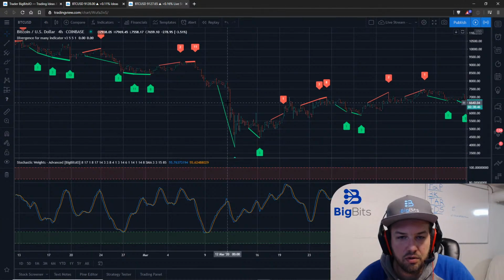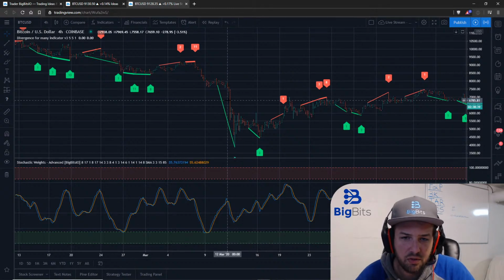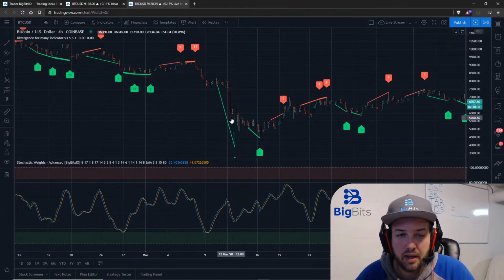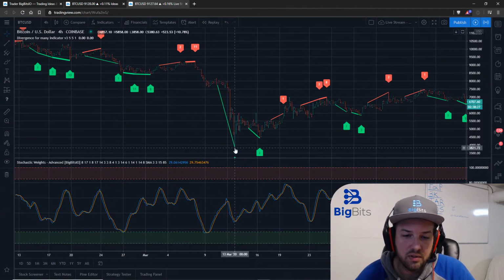because it would continue to throw the divergence all the way down as the blue line went below the orange. So in a lot of cases, if you were just looking at divergences, you would be tempted to buy every single candle as it continued to drop. Whereas here, we're using the stochastic weights with these divergences.